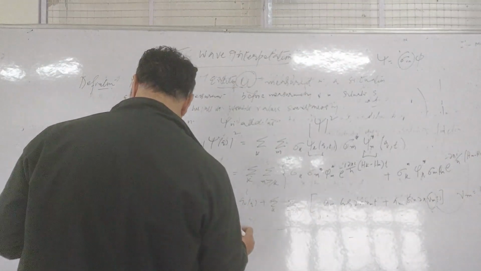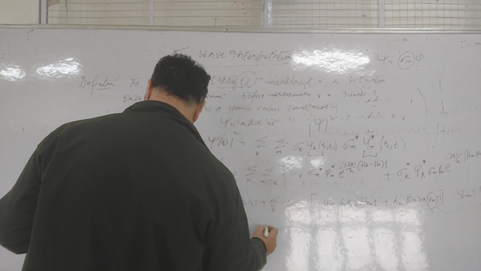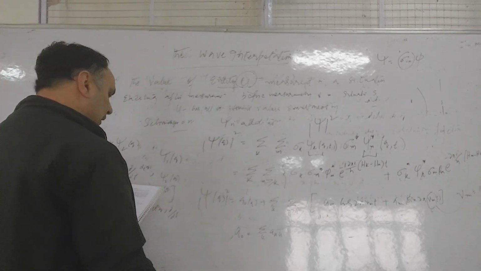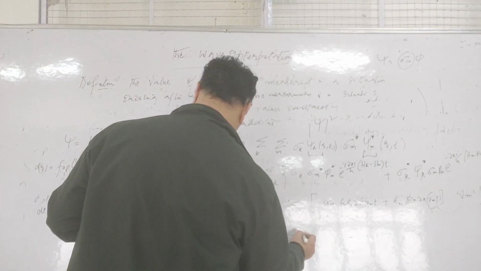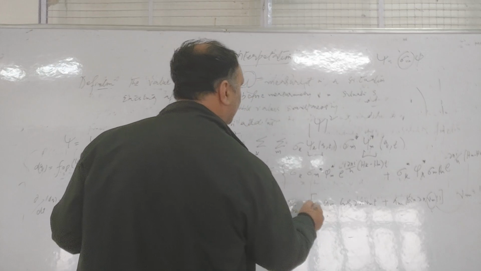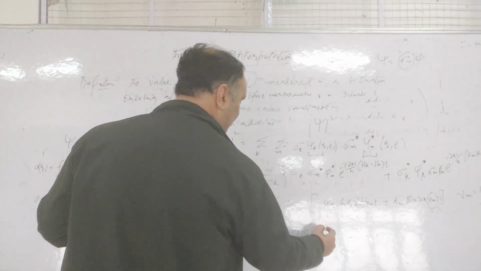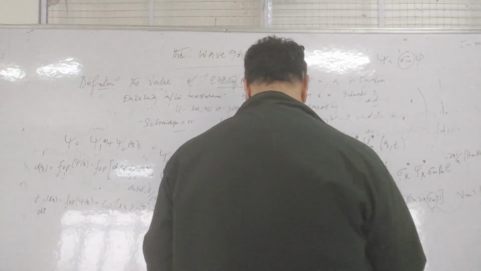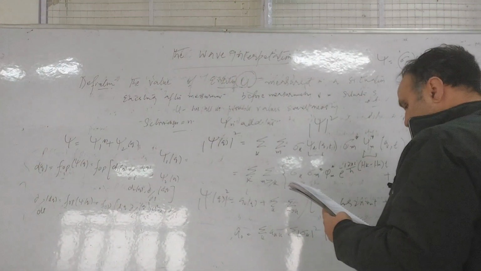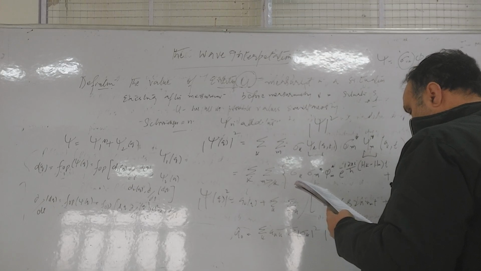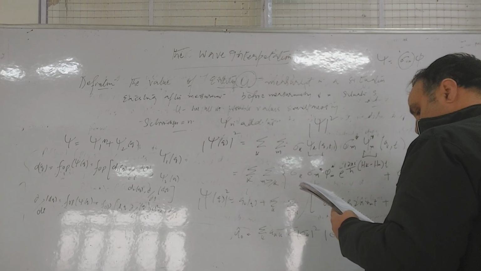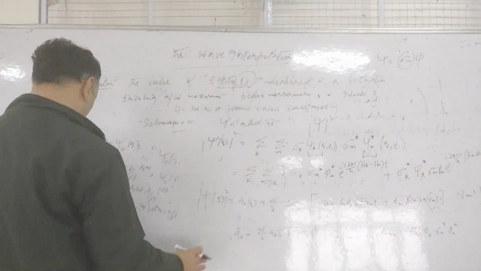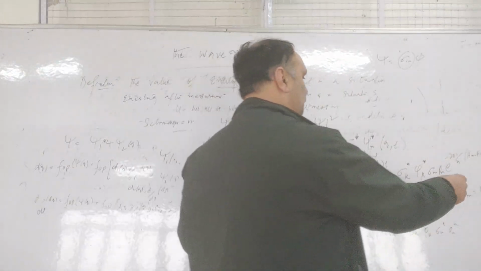And A0 as a constant can be written as, for ortho states, sigma k square and sigma m square, where AKM can be sigma k, phi k, sigma m star, phi m star, where nu is the frequency of these two states.